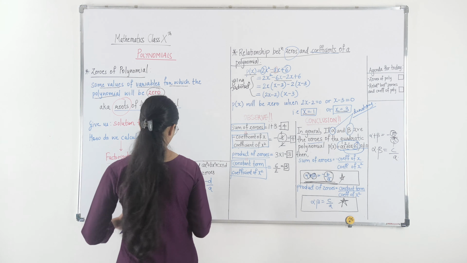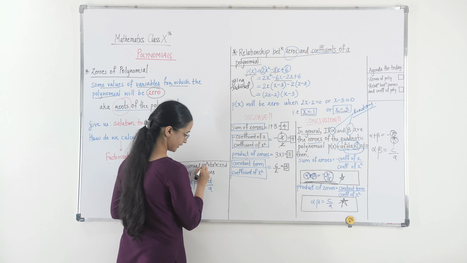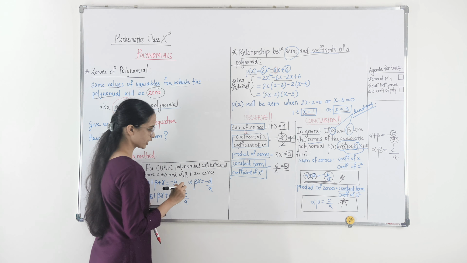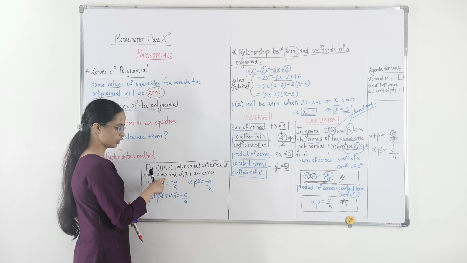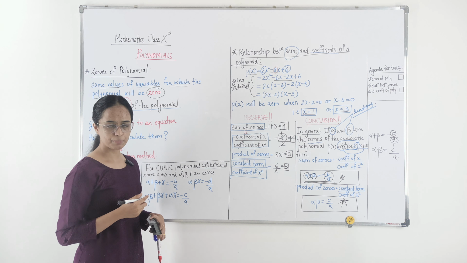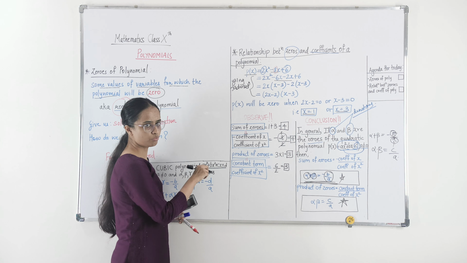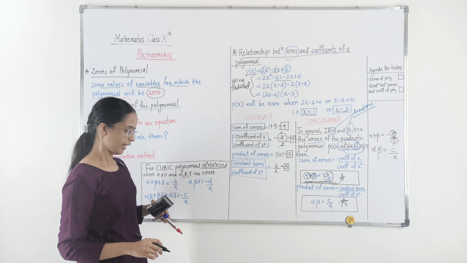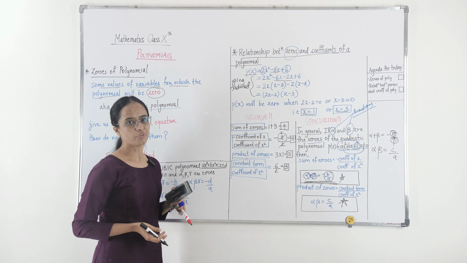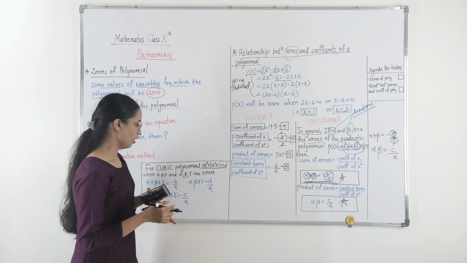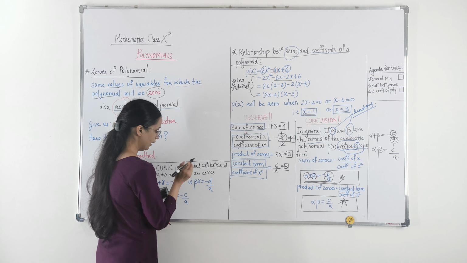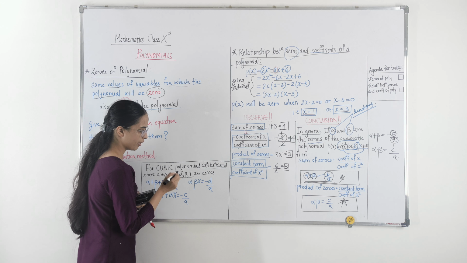So for a cubic polynomial, ax cube plus bx square plus cx plus d, a is not equal to 0, otherwise that wouldn't be a cubic polynomial. If a becomes 0, then this term would completely vanish, and your cubic polynomial will become a quadratic polynomial. So for a cubic polynomial, let's say alpha, beta and gamma are the zeros.